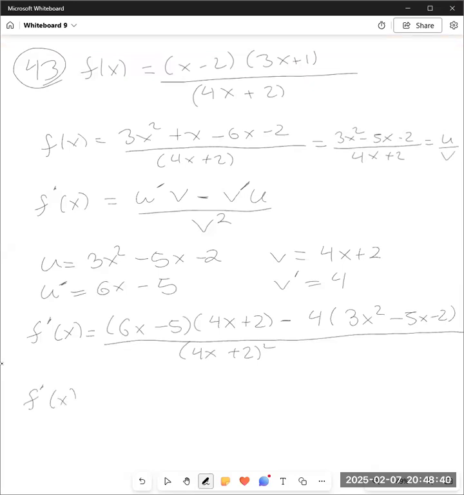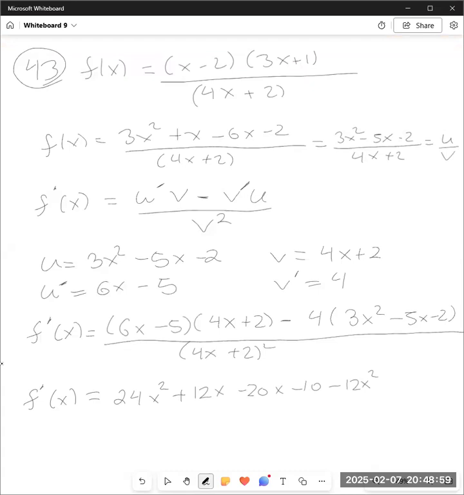F prime of x is equal to 24x squared plus 12x minus 20x minus 10. Then a negative 4 times 3 is a negative 12x squared.